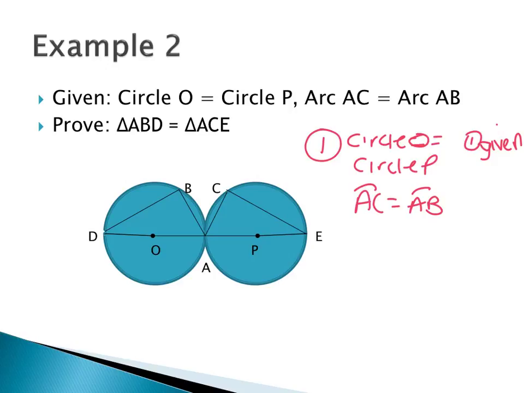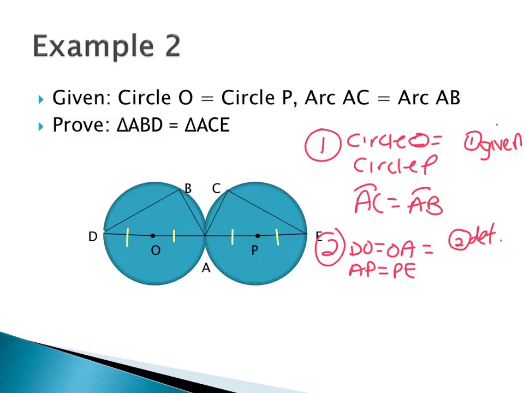The radii are congruent, by definition. So that means this is congruent to this, and this is congruent to this. If I wanted to state that, I would say DO equals OA equals AP equals PE. And that's the definition of congruent circles.